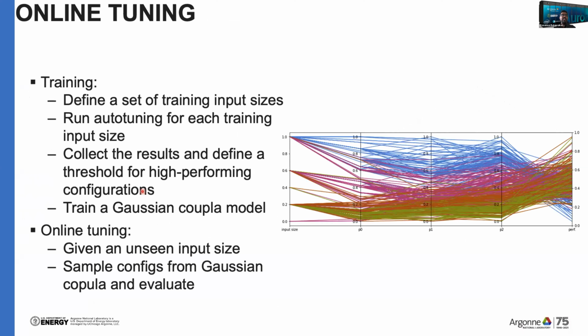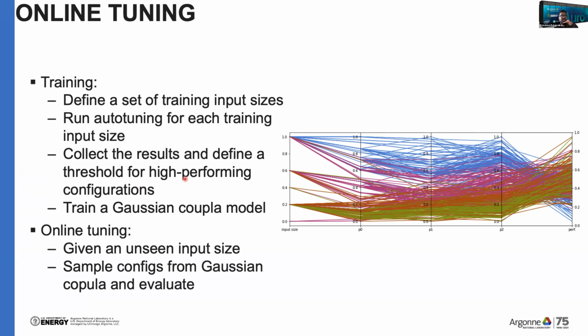How does that look during the training? As I said, we define a set of training input sizes, run auto-tuning for each input size, collect the results, and define a threshold for high-performing configurations. Recall that offline, we do both exploration and exploitation. That doesn't mean that all the configurations seen by the search are high-performing.